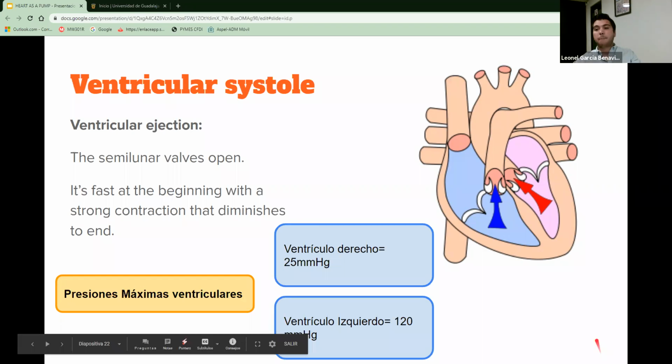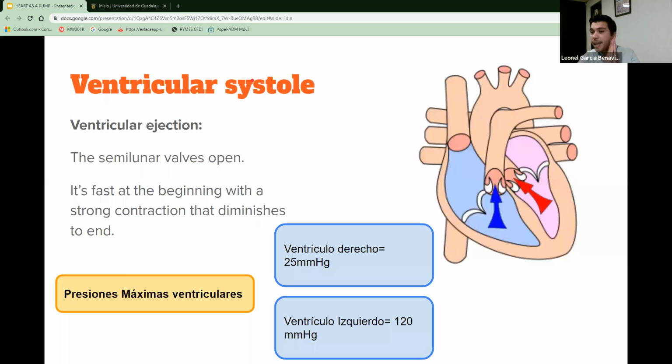Okay, then what happens? As we said, first the ventricles start to contract, then we get to that point where the ventricular ejection occurs. That's when the blood is finally being pushed out of the chambers. The semilunar valves are going to open. The semilunar valves are different from the AV valves. They don't open during diastole.